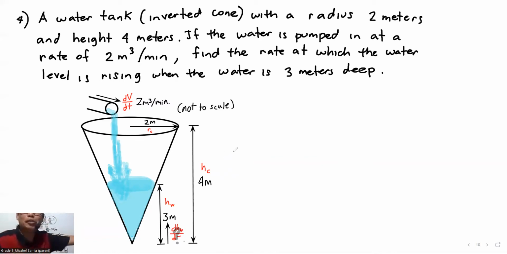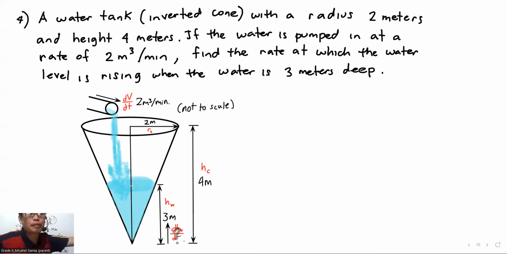Josh, could I add to the illustration? Could you draw a straight line from the center of the cone, the 2 meters at the top, to the center of the cone? And then the radius, could you draw a line of the water, the radius?